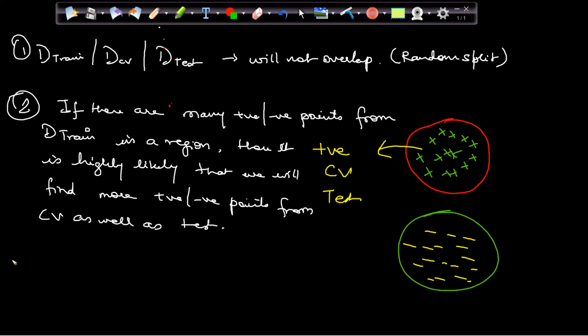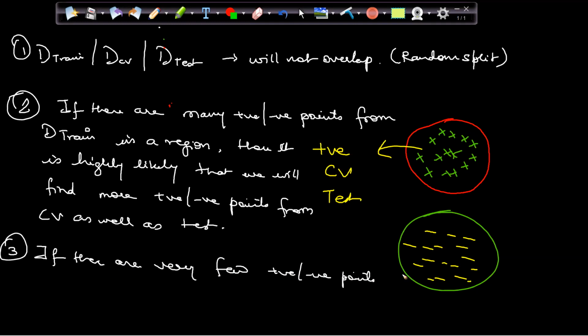And on the contrary, if there are very few positive or negative points in a region from D train, right?